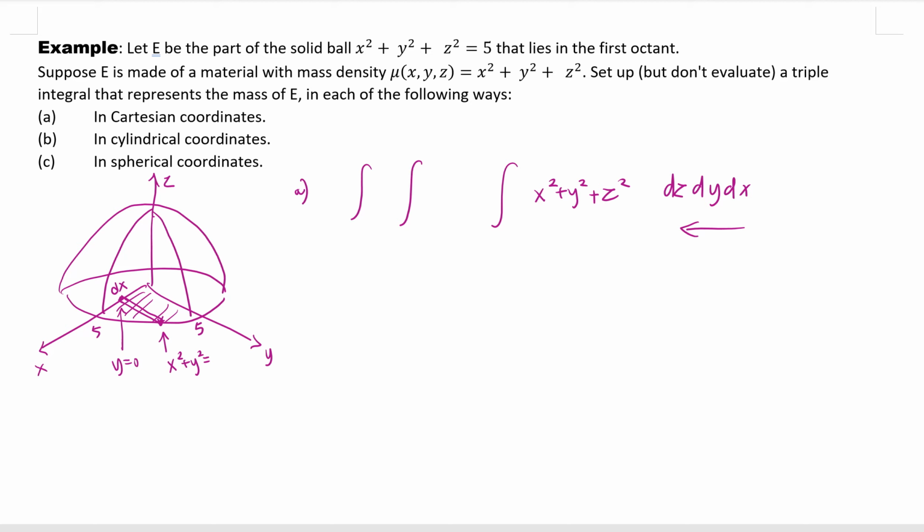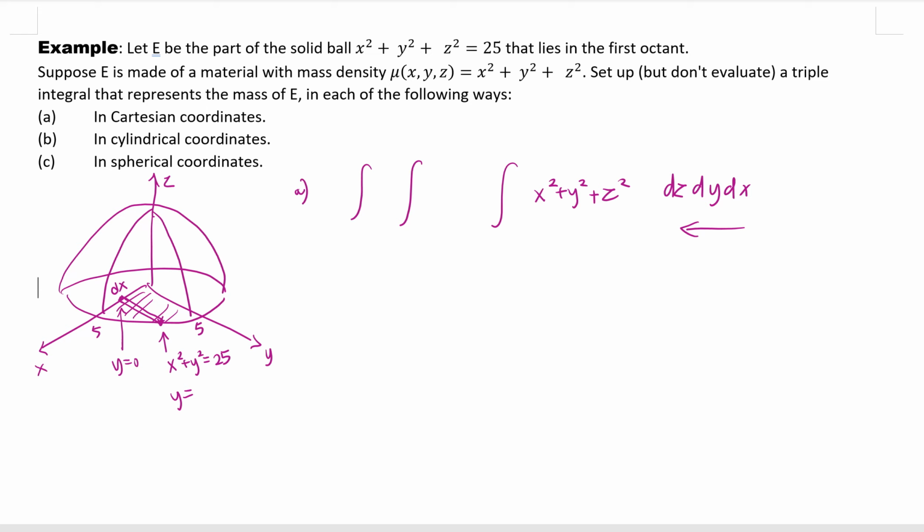Wait a little bit, let me change. I think I have a typo here. So let this be 25, then the radius is indeed 5. Sorry about this typo. This circle on the xy plane means z is 0, so x squared plus y squared equals 25.